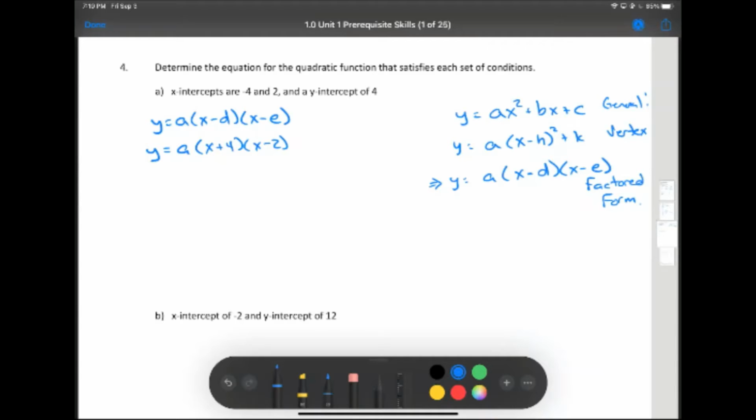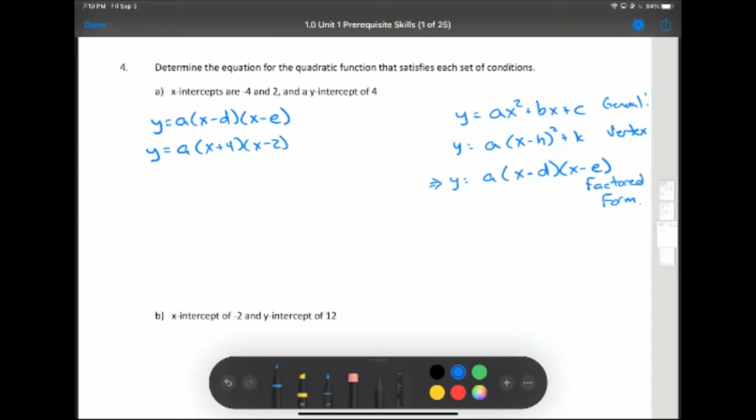And then from there, I could do a trick very similar to what we did with the linear. I can figure out what the a is by plugging in the y-intercept. I was going to say the y-intercept is 4, but I need an actual coordinate to go with that.